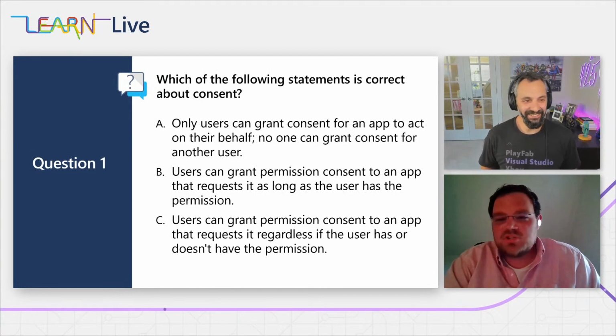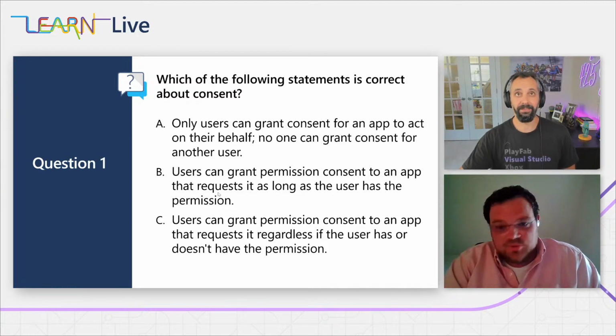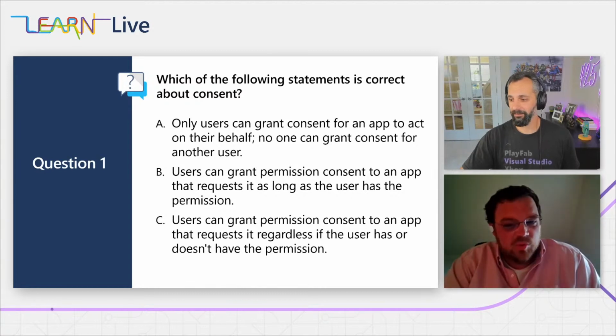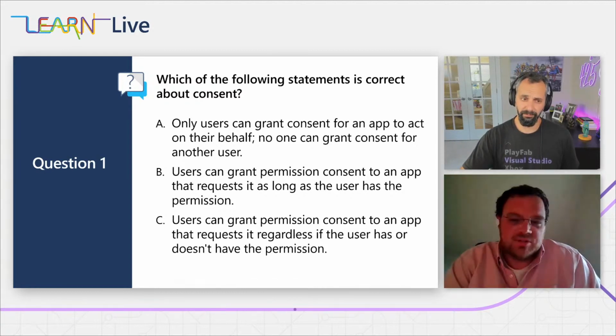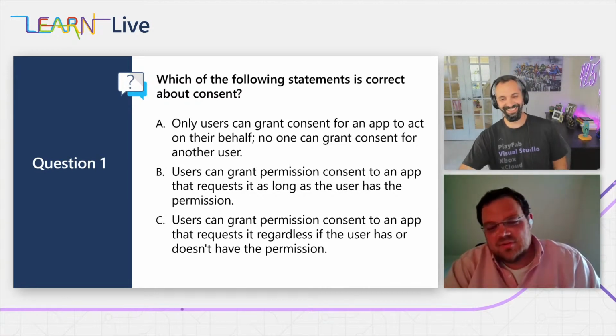Okay. So which of the following statements is correct about consent? A, only users can grant consent for an app to act on their behalf. No one can grant consent for another user. My brain doesn't seem to want to read this question all the way through. But let's see.